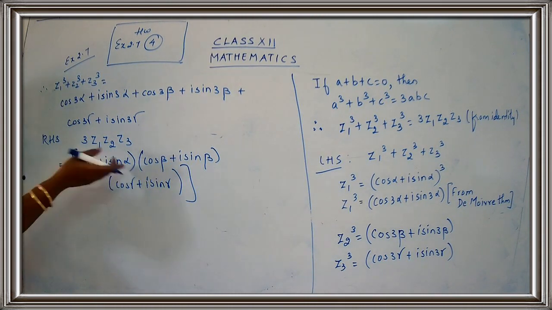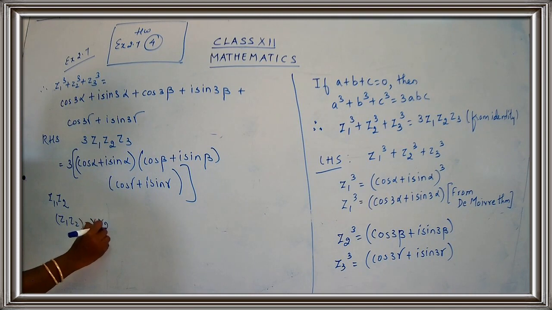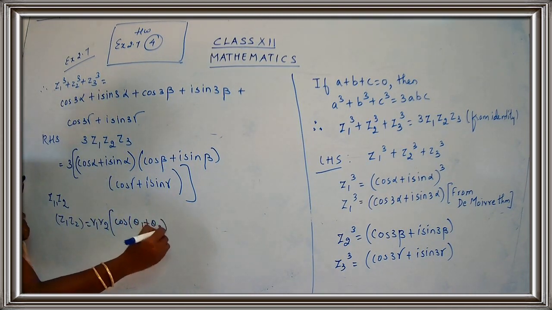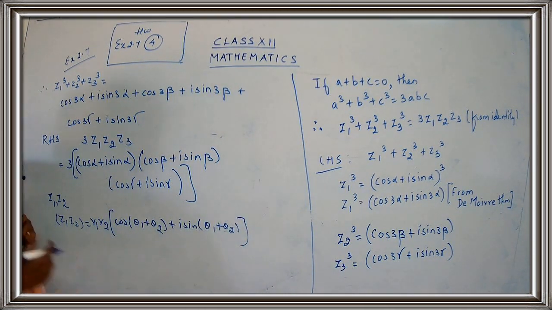Yeah, if you have two complex numbers Z1 and Z2, you can multiply Z1 into Z2 and say it as R1 into R2 cos of theta 1 plus theta 2 plus I sin theta 1 plus theta 2. Do you remember this property? Yes, this was the property of polar form. So if you have two complex numbers separately, we can multiply them. So how are you going to multiply? You have to multiply the modulus part. Here we don't have an R value, so you can just consider it as 1.